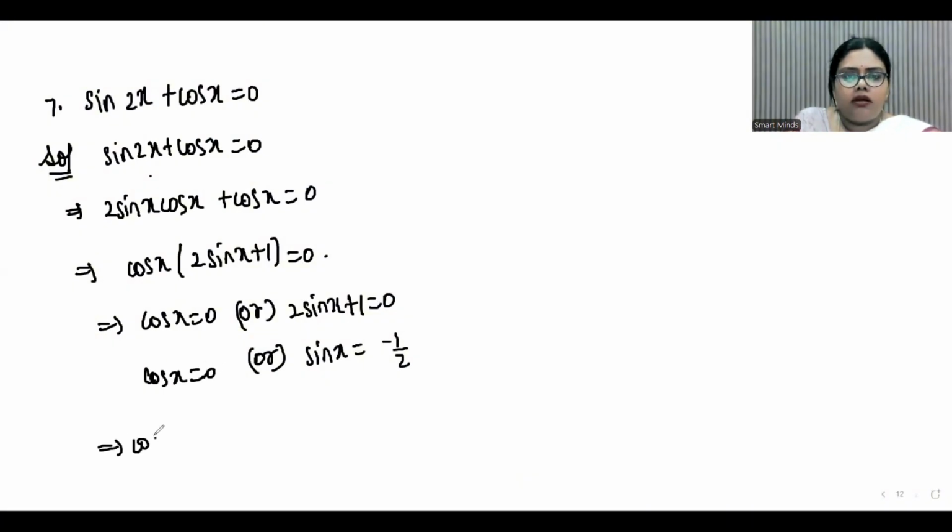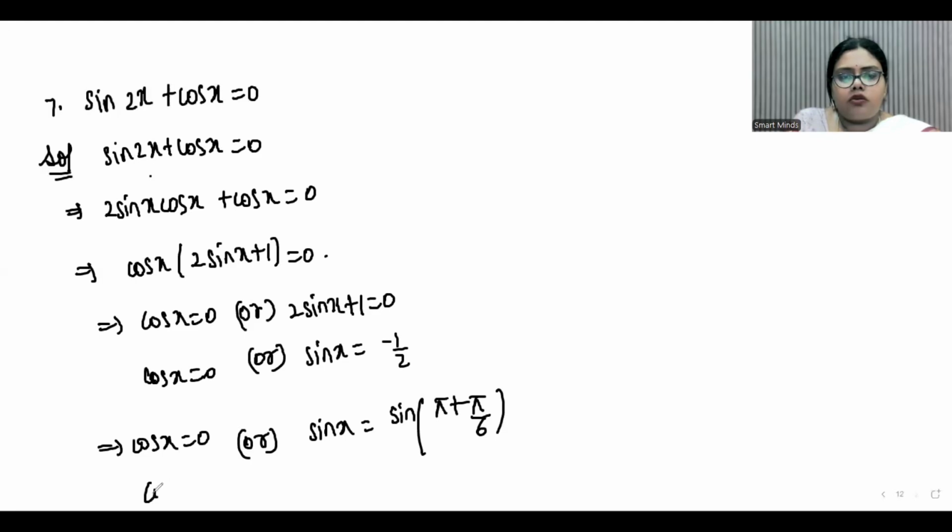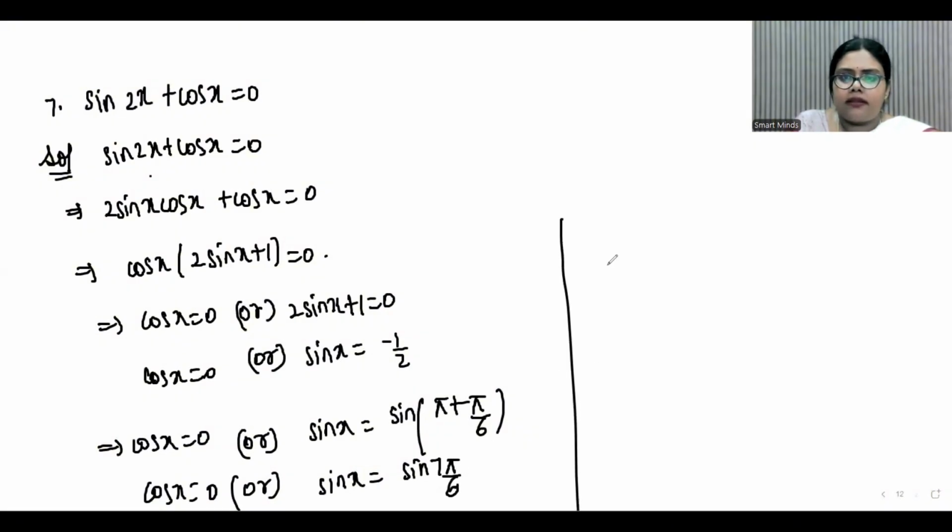That means cos x equals to 0 or sin x is equal to minus 1 by 2. Sin is negative in the third quadrant, so you can write pi plus pi by 6. So cos x is equal to 0 or sin x is equal to sin 7 pi by 6. So x is equal to (2n plus 1) into pi by 2. This is the general solution for cos x is equal to 0.